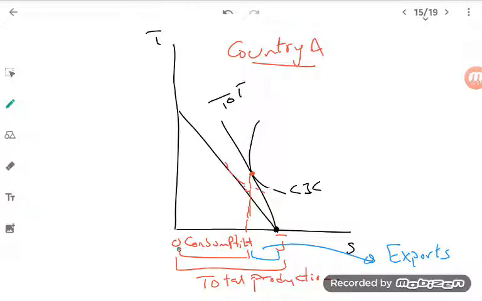With respect to textile, country A after specialization will not produce textile. But the people in country A are going to consume this amount of textile, say V. So OV is consumption of textile, but they are not going to produce it. So this is imports.